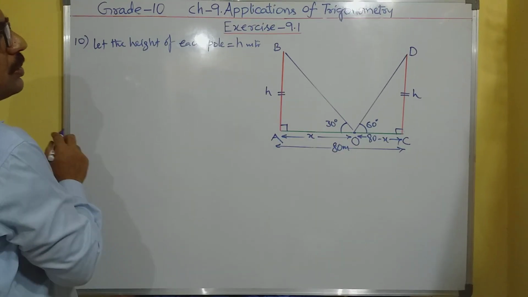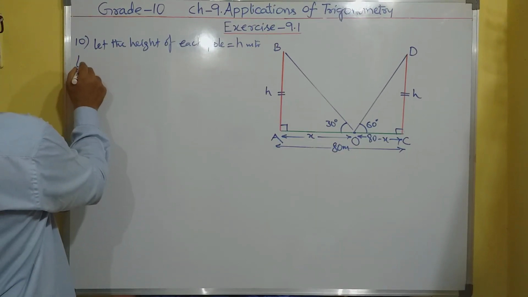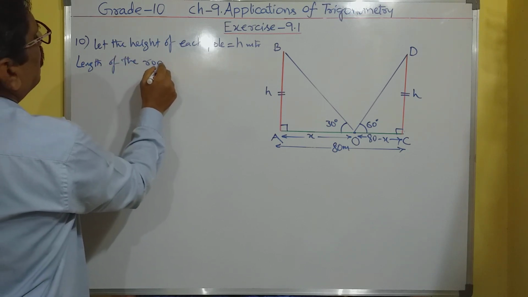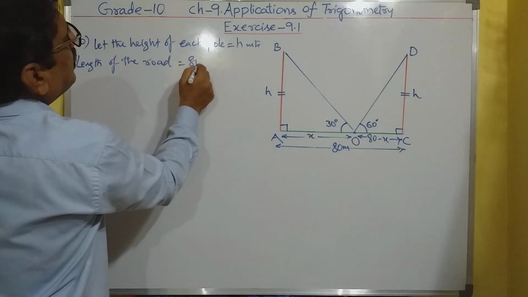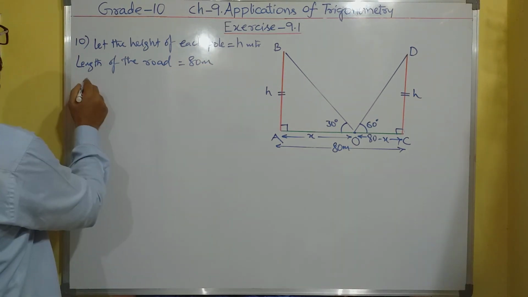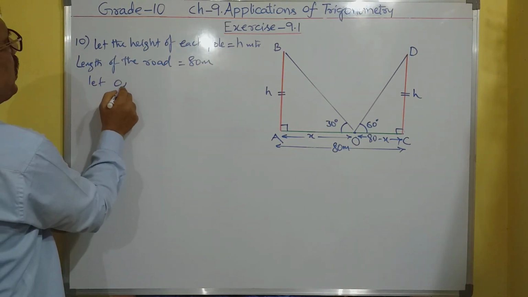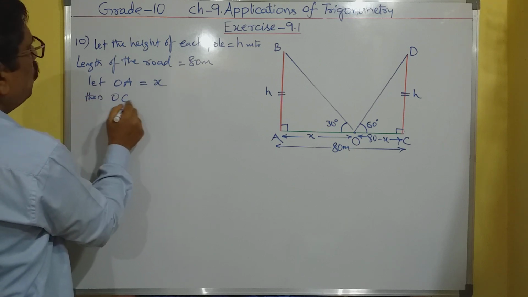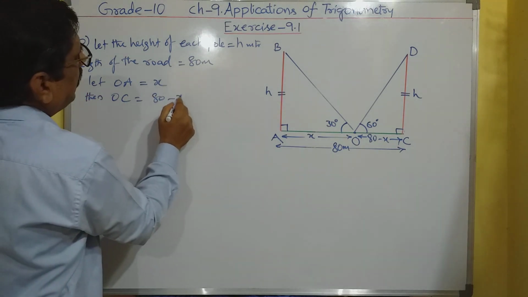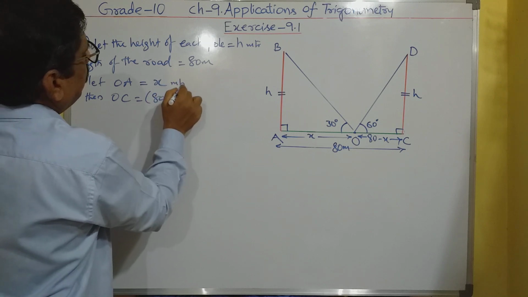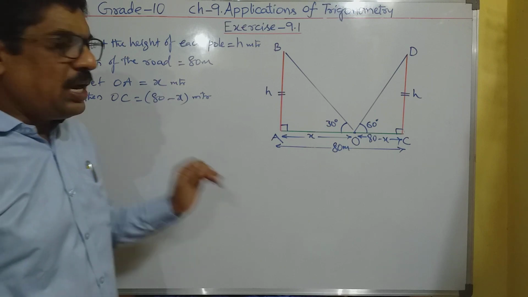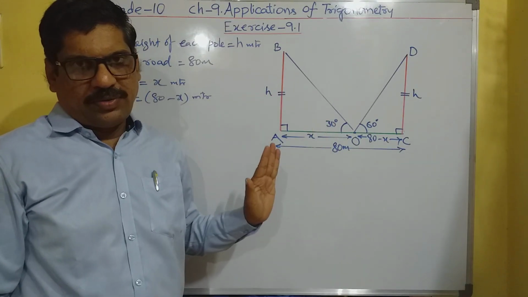Okay, and the length of the road is equal to 80 meters, given, and let OA be equal to x, then OC is equal to 80 minus x meters. Okay, now let us take the two triangles separately.